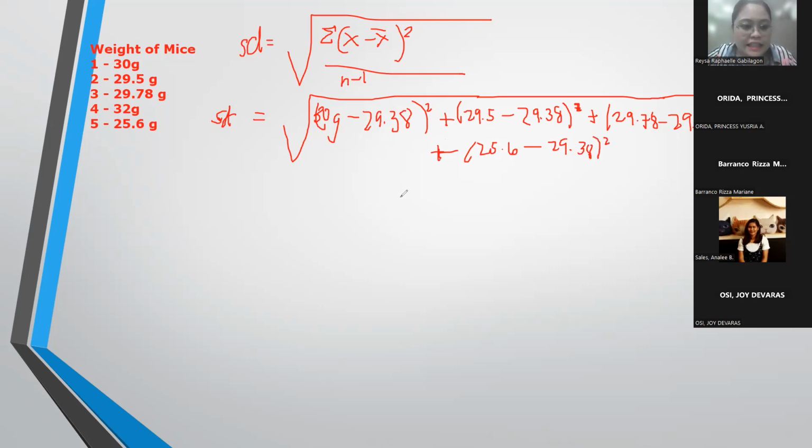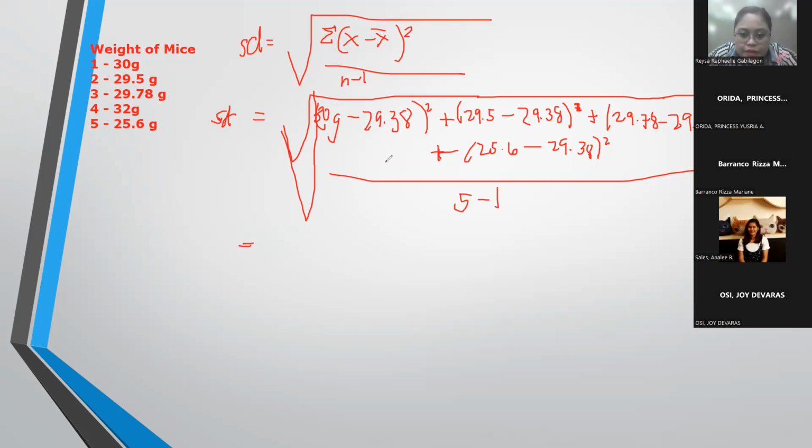I hope you can still read my writing on the screen. Divided by n minus 1. So n is the number of scores. We have 1, 2, 3, 4, 5, so this is 5 minus 1. Let me just correct the square root: the square root covers the whole expression. So we do it one by one.